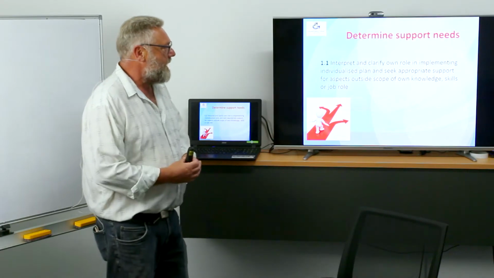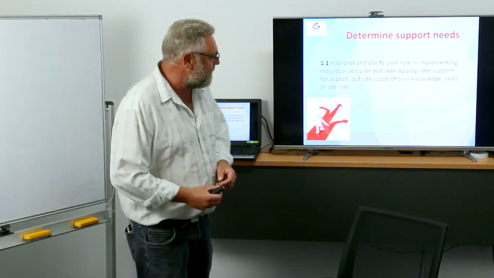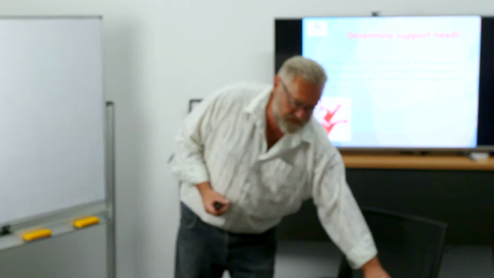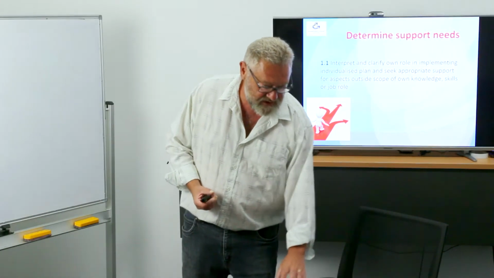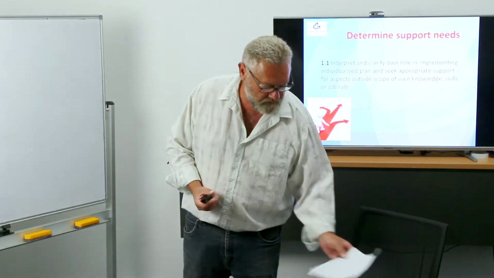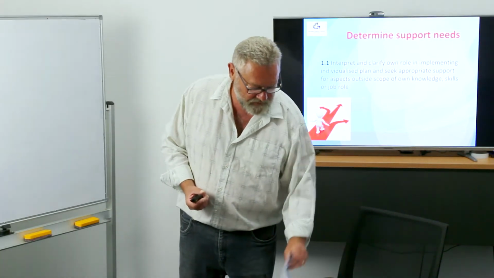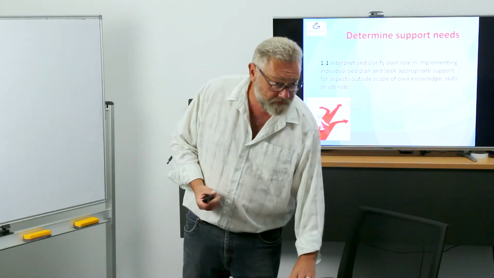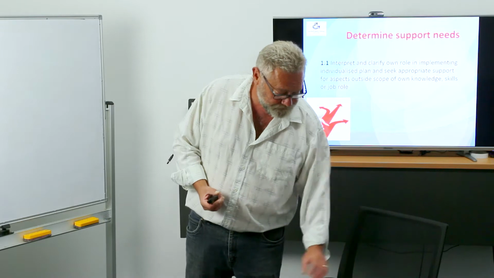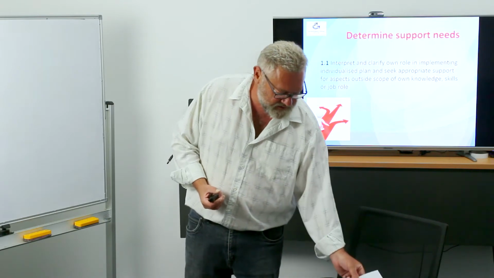So, our first element, 1.1, if you scroll down in the learner guide to where you see 1.1, not the index, but the page, 1.1 you want? Page 11. Page 11, thanks. Scroll to page 11.